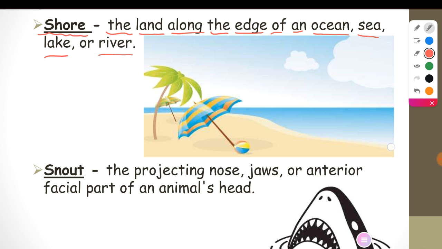You see, this is the edge. It can be an ocean, or the sea, or maybe a lake or river. So this is called shore.